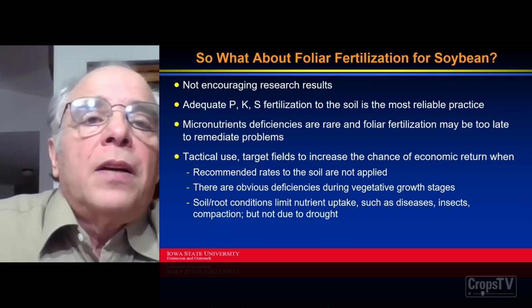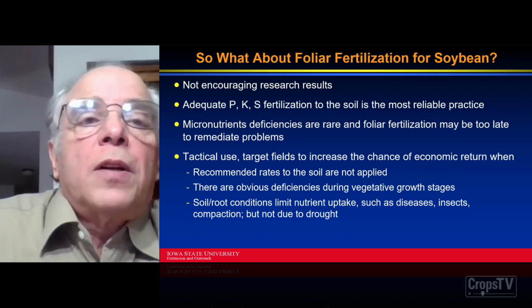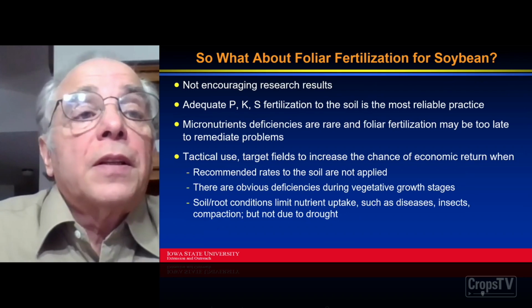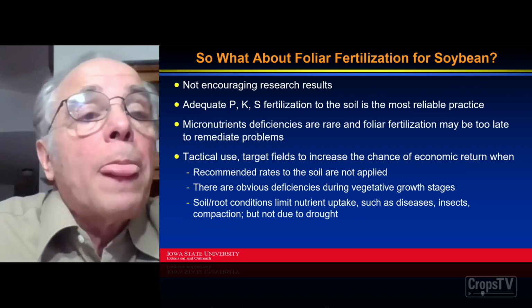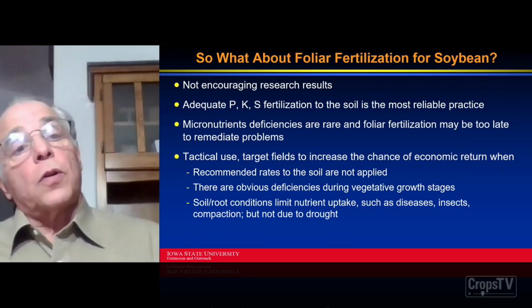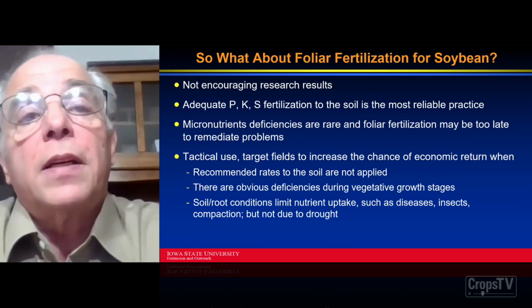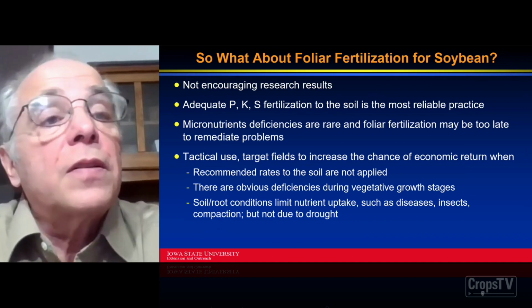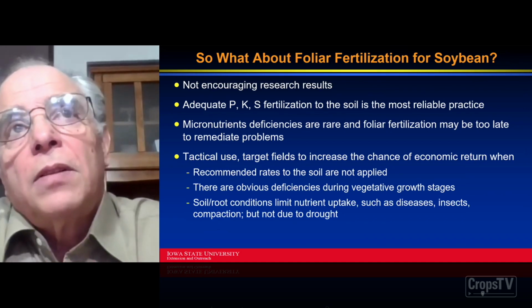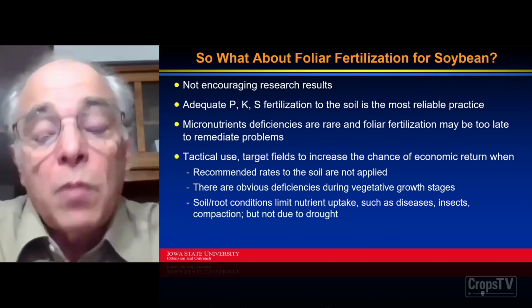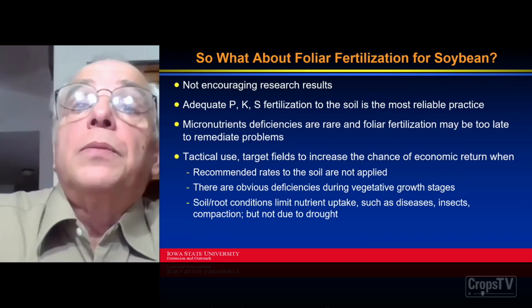I mean, if you see the deficiencies at R1 or 2 or 3, I don't think you're going to fix anything. And then if for some reason you suspect that soil or root conditions may be limiting nutrient uptake, such as diseases, insects, compaction, but not due to drought. I mean, if there is drought, you're not going to gain anything by applying foliar fertilizer.